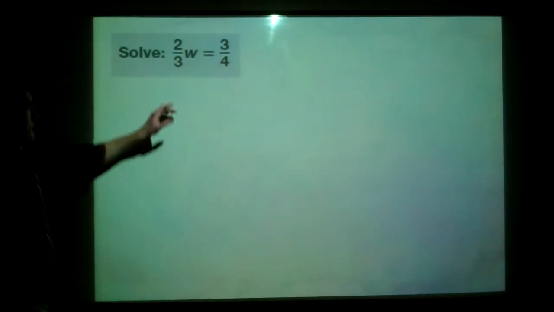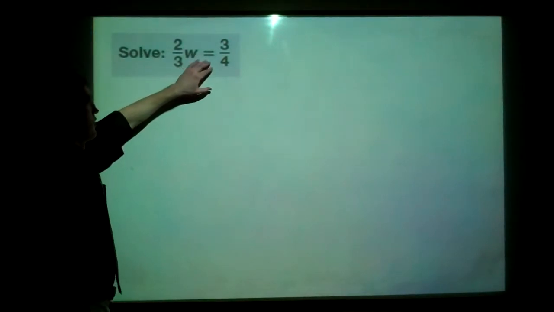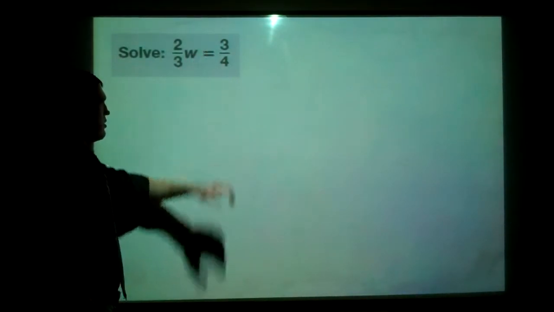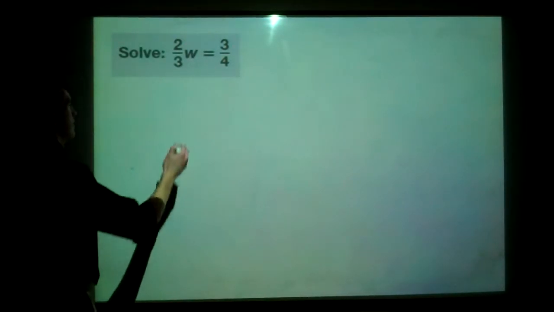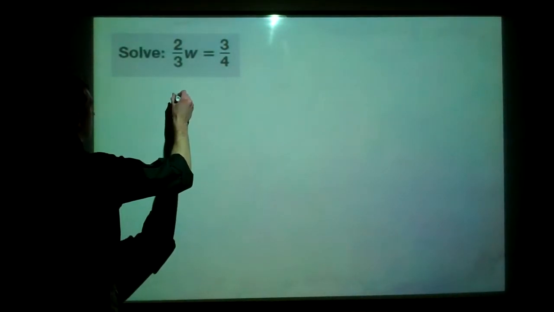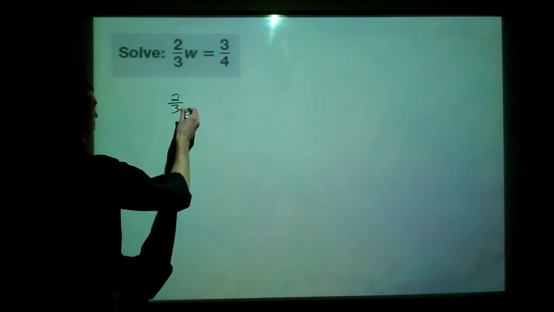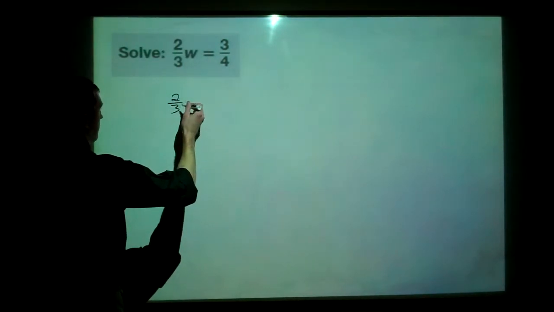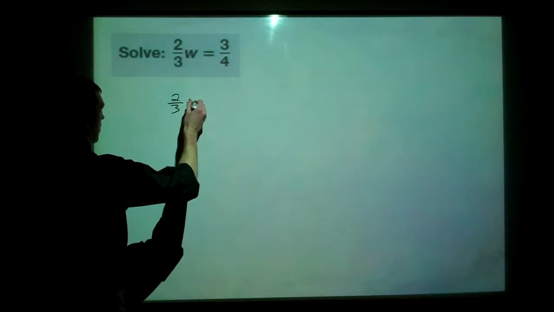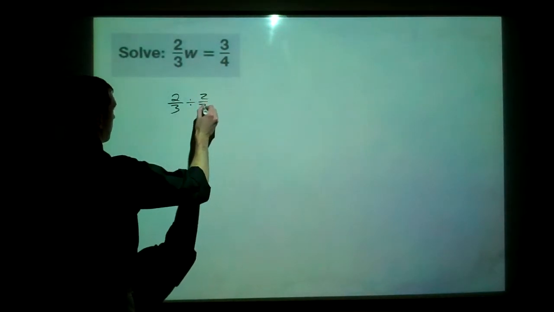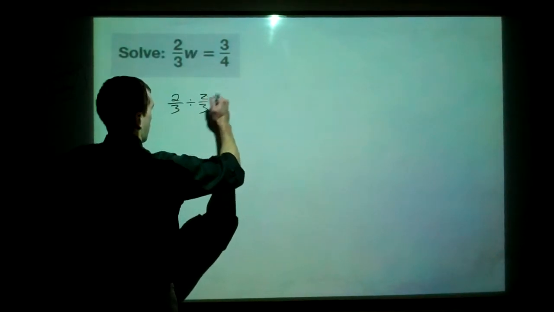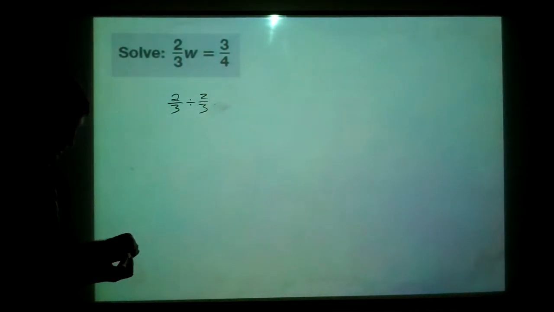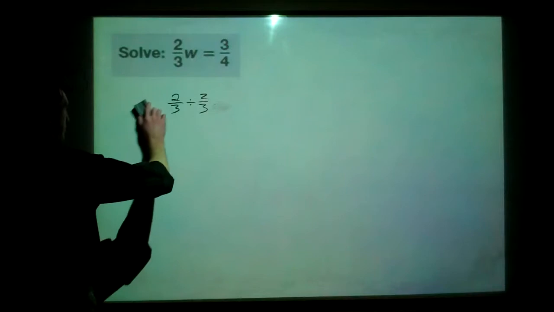This equation says 2/3 times W equals 3/4. So what is the inverse of multiplying? Well, that's dividing. So let's think about this here.